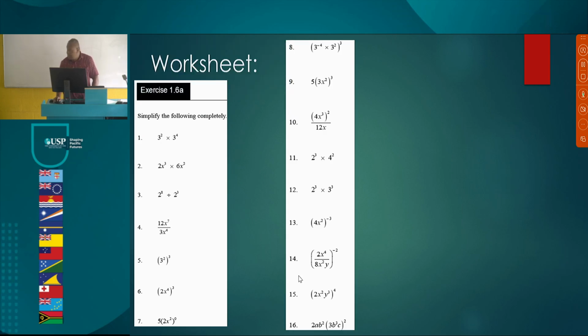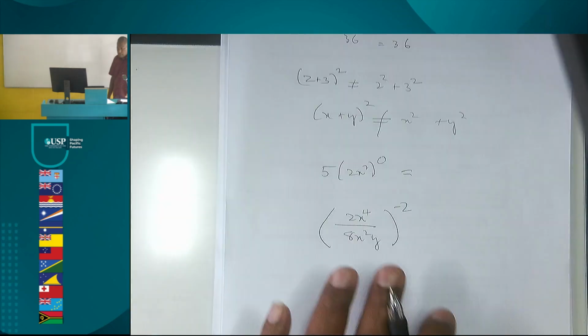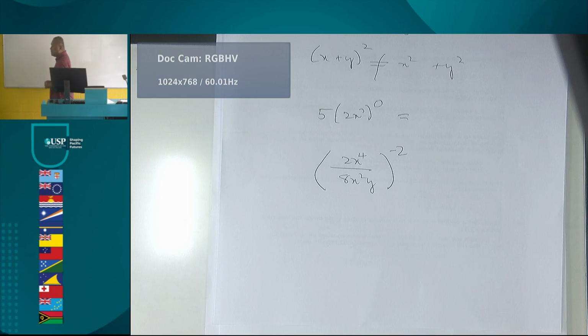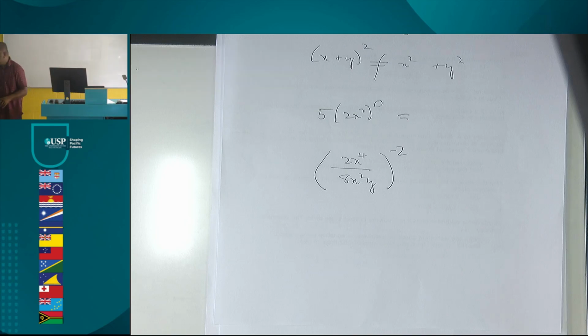Okay, I want us to do number 14. x to the 4 divided by 8x squared y, everything to the power negative 2.